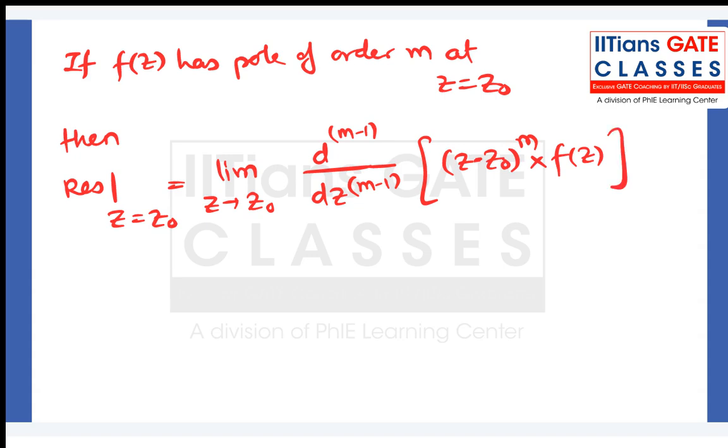One more multiplier is there, which is 1 by (m minus 1) factorial, and that is outside the differentiation. I forgot that multiplier, so I'll rewrite it because otherwise it's confusing.